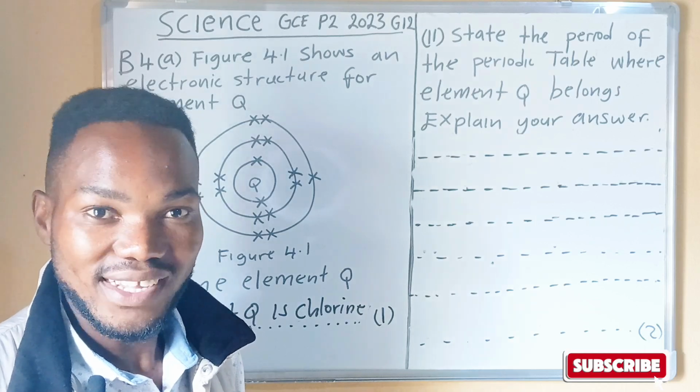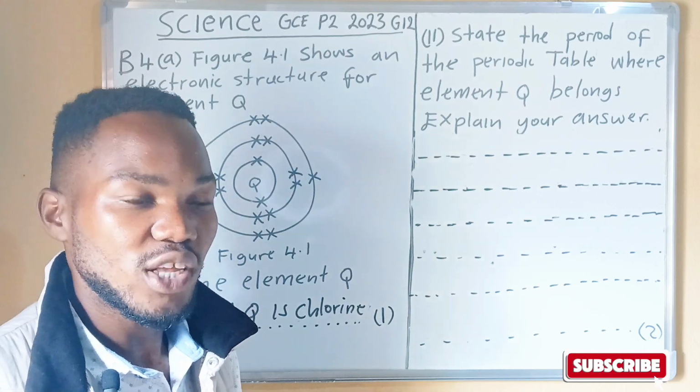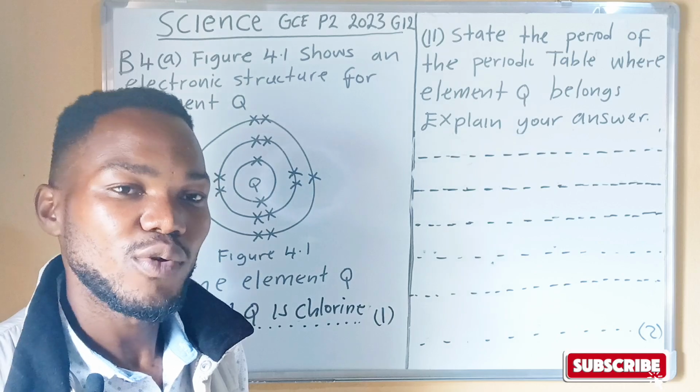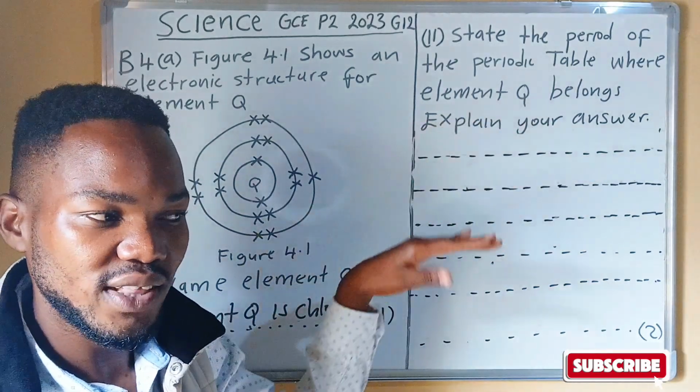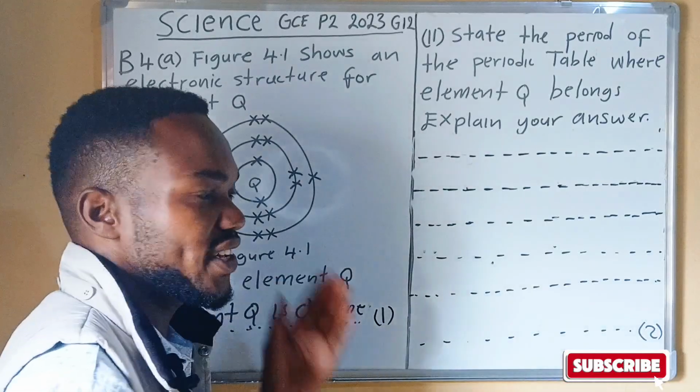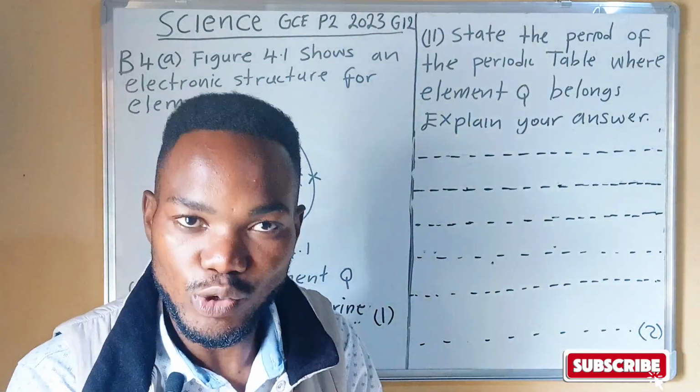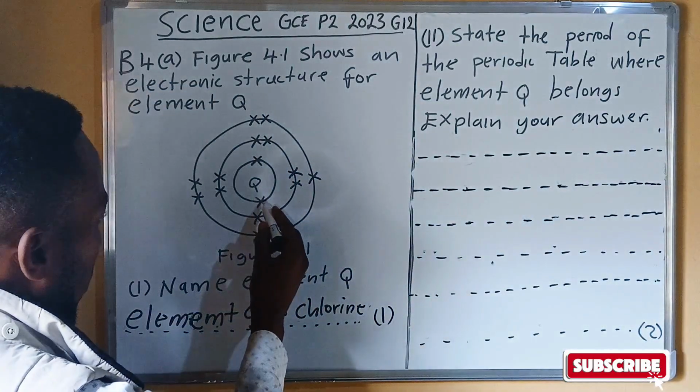So you can go on the periodic table and count the rows and find that chlorine is in period 3, or you can just count the number of shells here: 1, 2, 3.